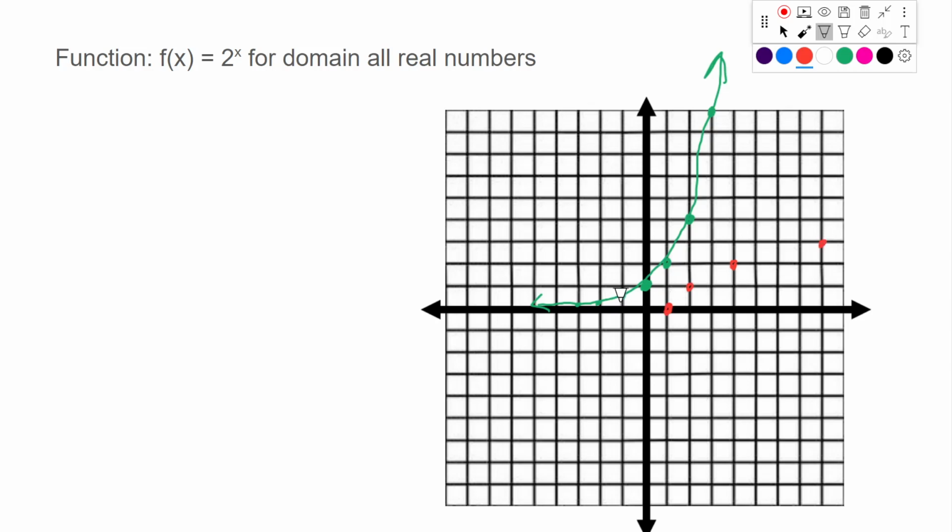Instead of (negative 1, 1/2), we'll be at (1/2, negative 1). And we'll see that these values get closer and closer to the y-axis without ever equaling an x value of 0.